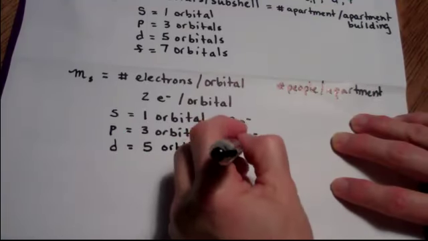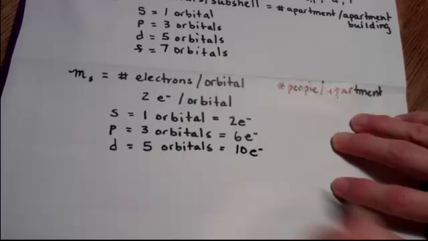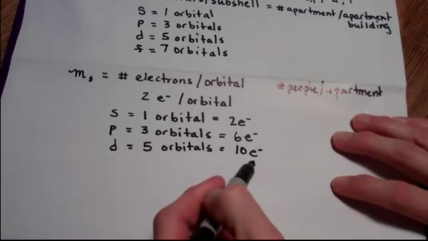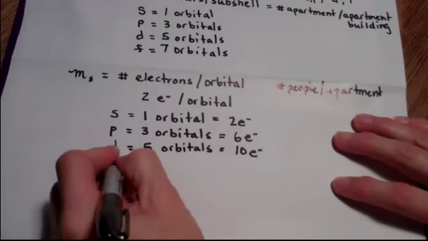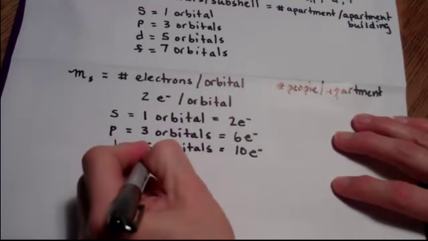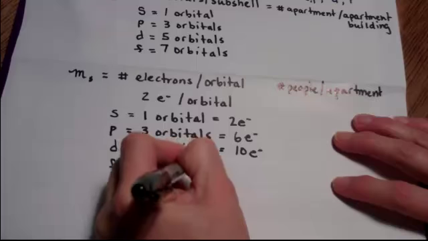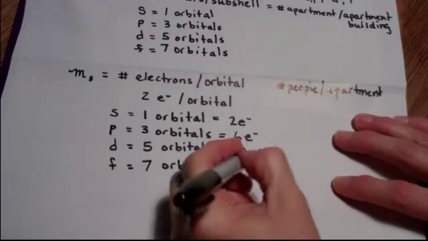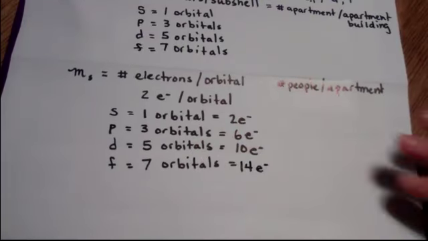So we can have a total of 10 electrons that would be present in this apartment building, because there's 5 apartments, 2 electrons per apartment possible. And then in the f subshell, there's 7 orbitals, so we can have a total of 14 electrons housed within that complex.